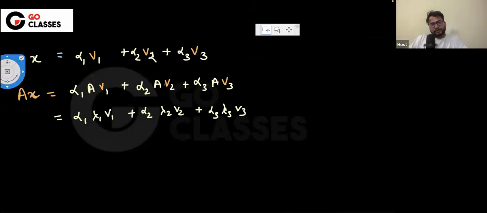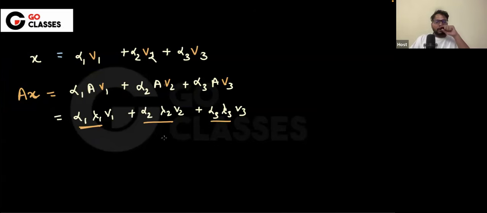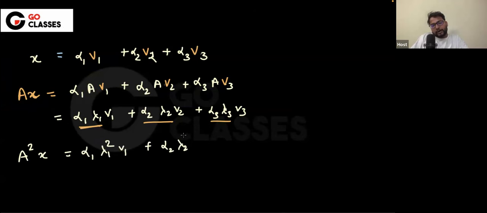Now if I multiply A again, it will be A squared x. A times lambda 1 b1 gives lambda 1 squared b1, alpha 1 will be as it is, plus alpha 2 lambda 2 squared b2, plus alpha 3 lambda 3 squared b3.